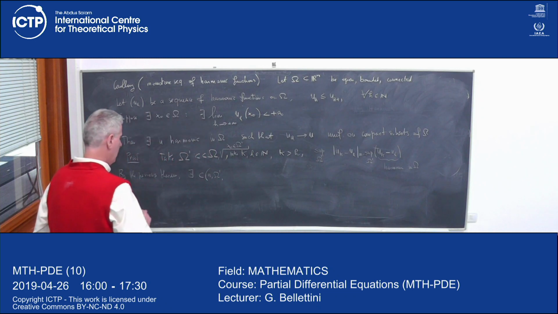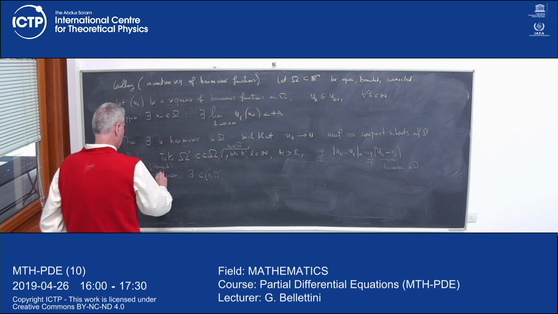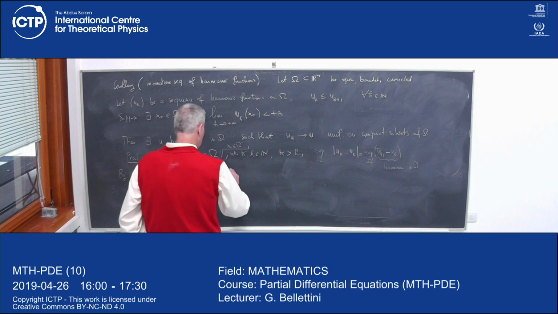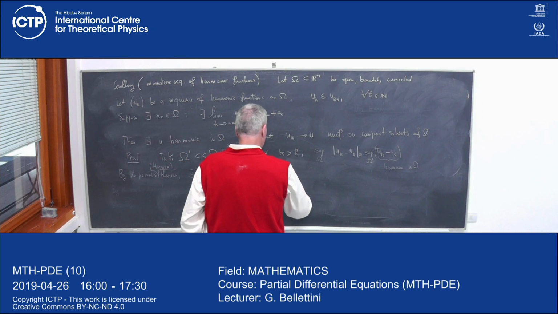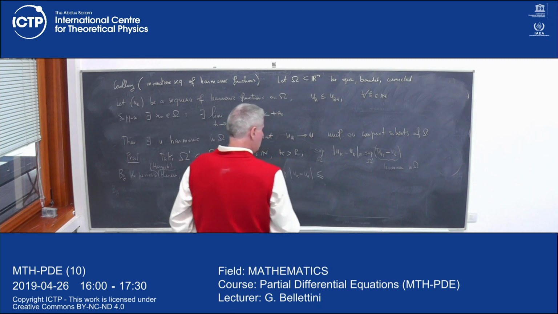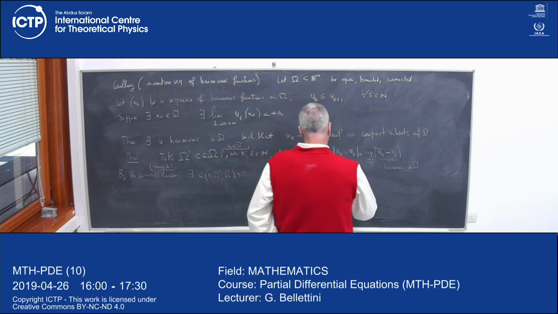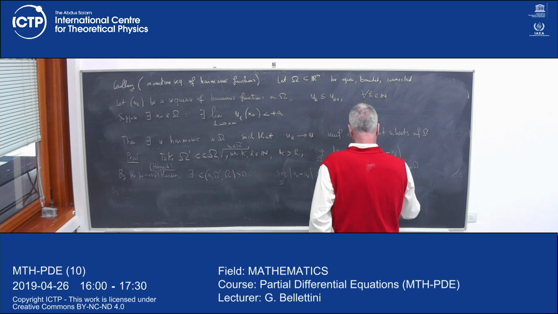So by the previous theorem, the Harnack theorem, there is a positive constant such that the sup of u_k minus u_h is less than or equal to the constant times the infimum of u_k minus u_h.